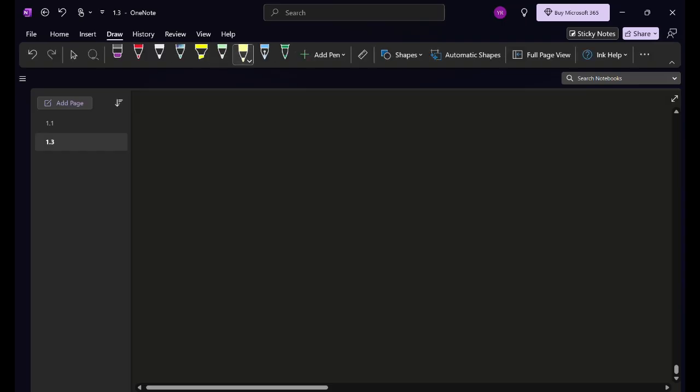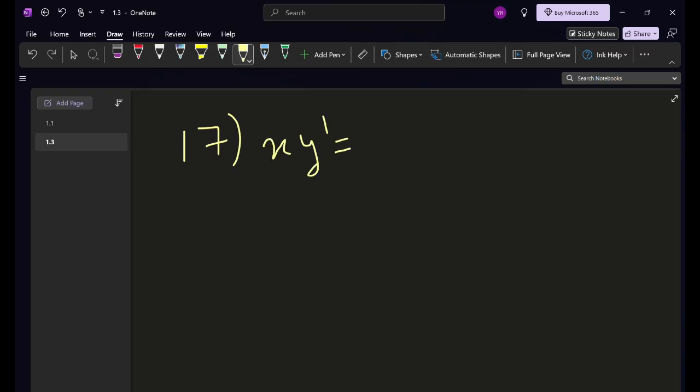So the question is given as x y dash is equal to y plus 3x to the power 4 cos square (y by x).